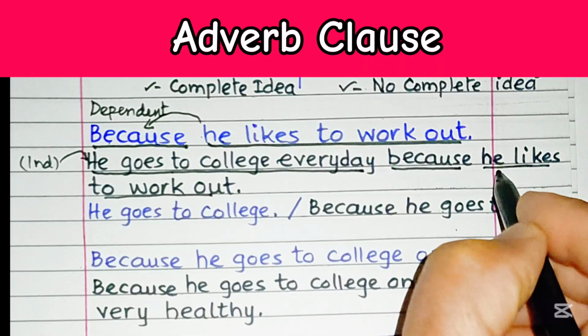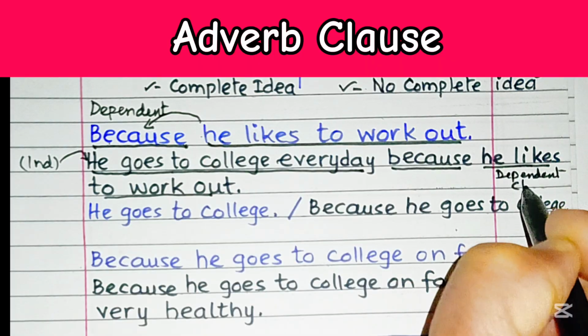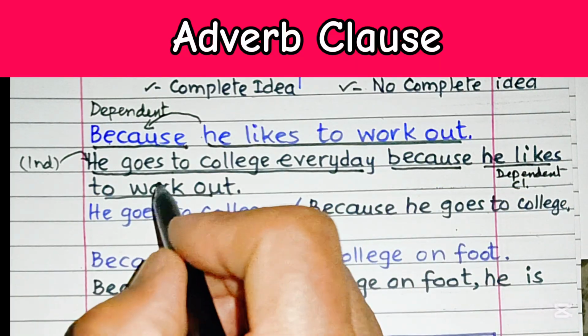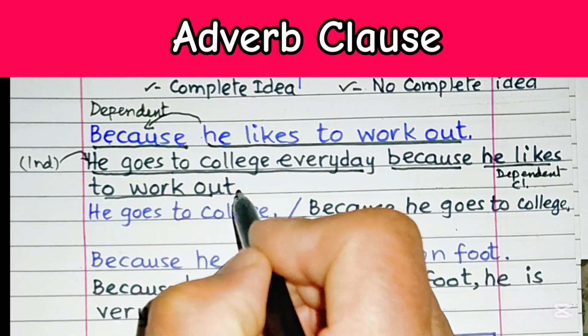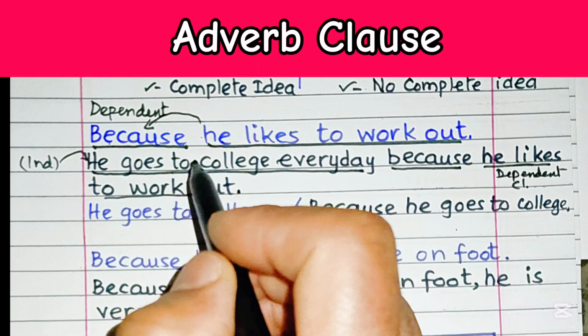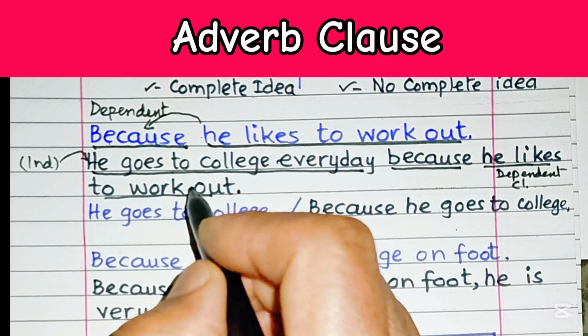Then we have this dependent clause, "because he likes to work out." By combining these two, we have a complete sentence: he goes to college every day because he likes to work out.